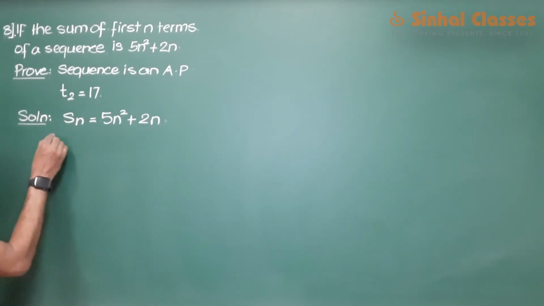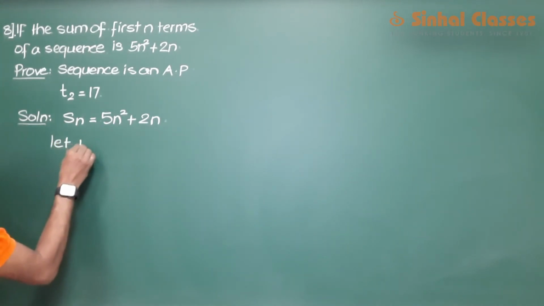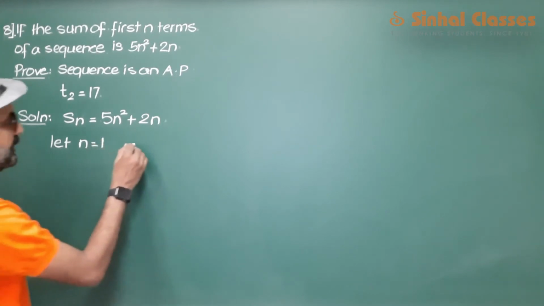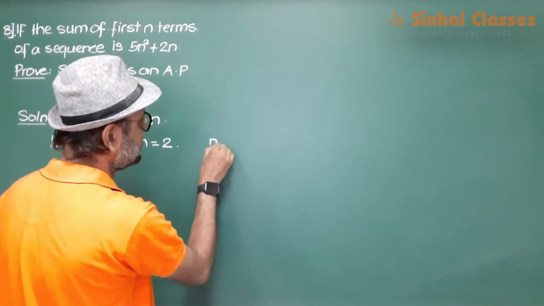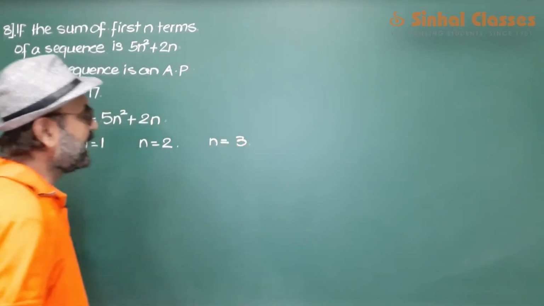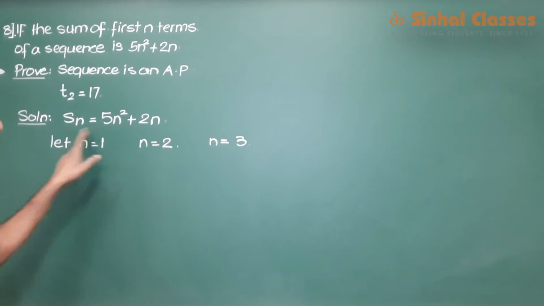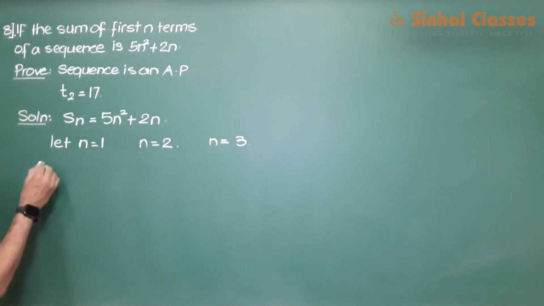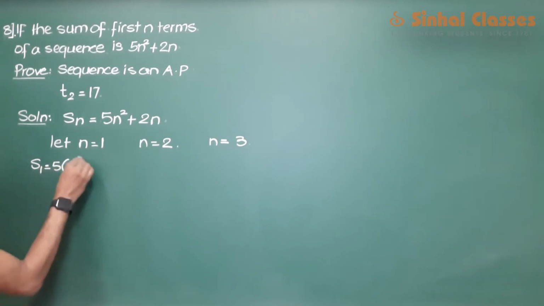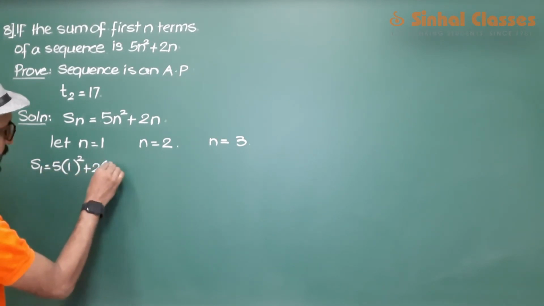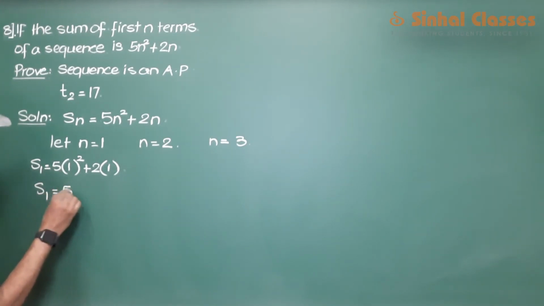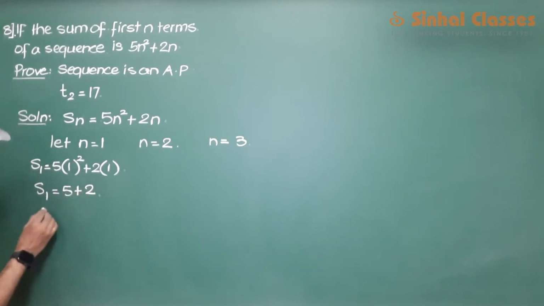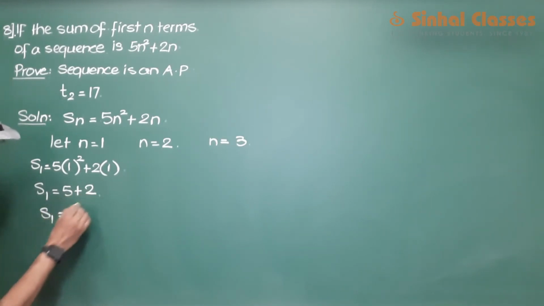Now we will assume n is equal to 1, n is equal to 2, n is equal to 3, and we will substitute these values in this formula. So we have S1 is equal to 5 plus 2, S1 is equal to 7.